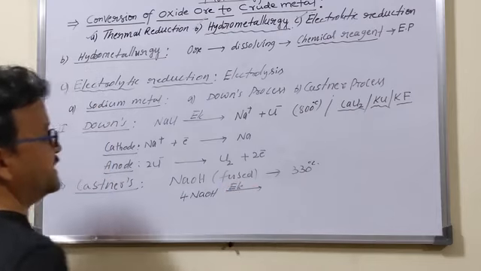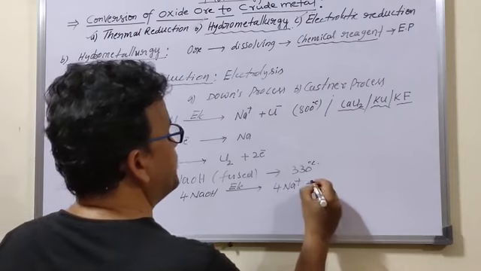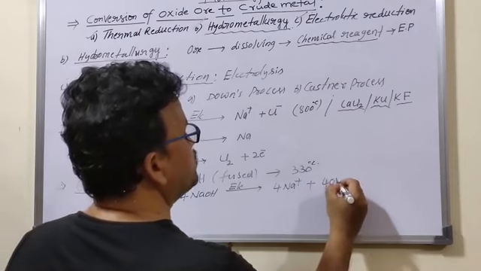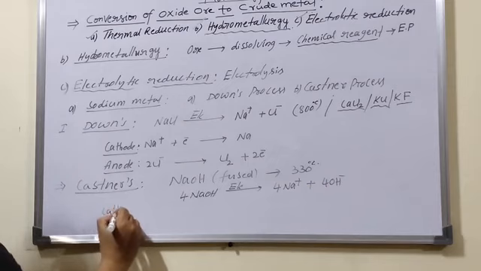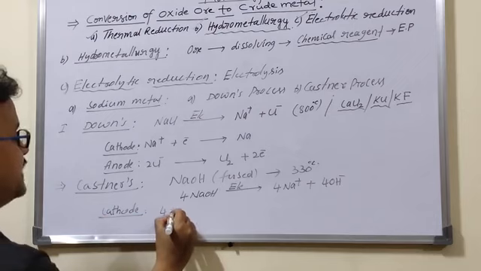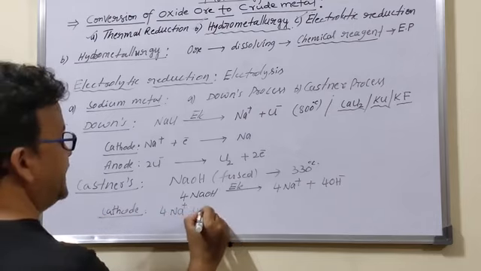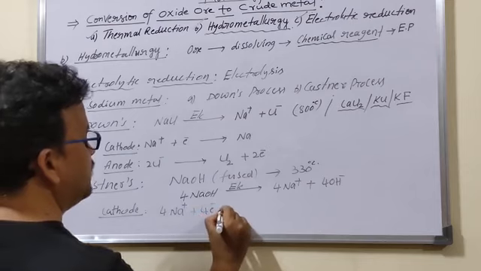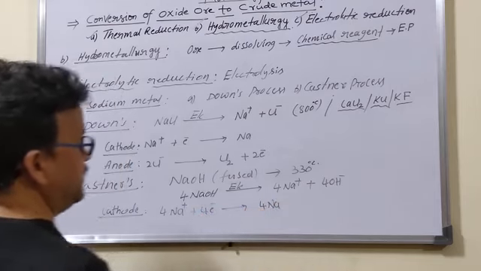When we pass electrical current, we get 4 Na plus and 4 OH minus. At the cathode, Na plus ions are attracted; Na plus is positive, the cathode is negative. By taking 4 electrons, we get sodium metal.